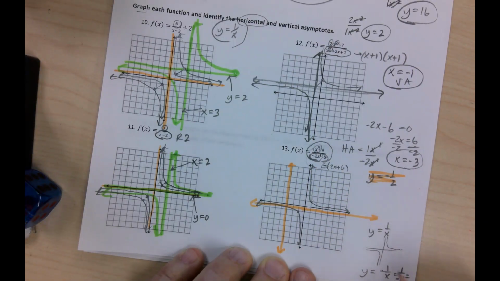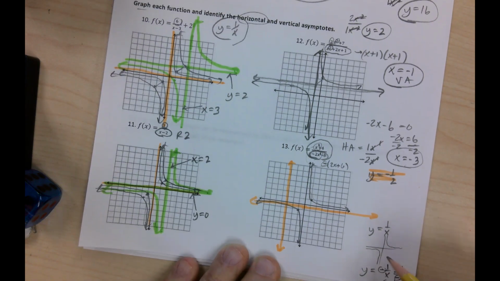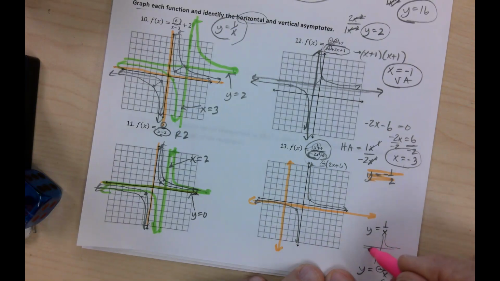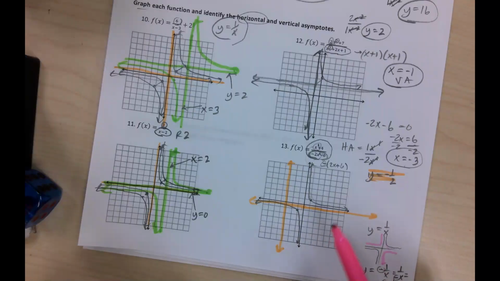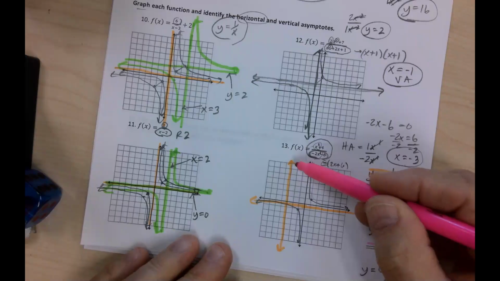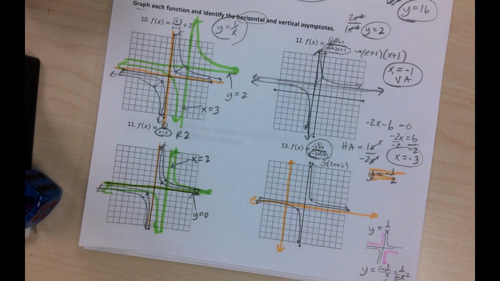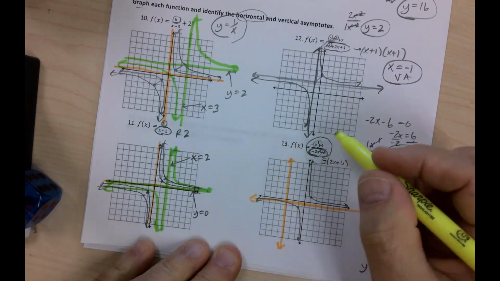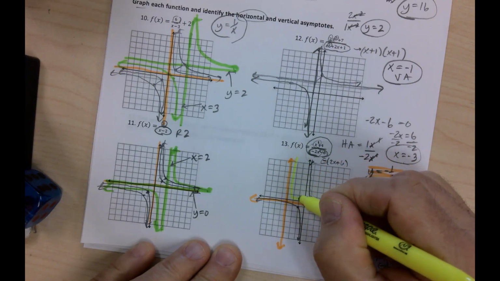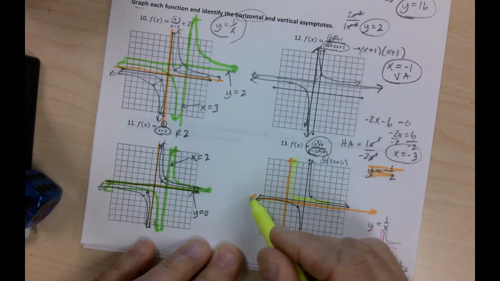My point is, this negative is going to flip this graph over the x-axis. So this would turn into that. I'm going to use yellow and kind of come in like that and like that.